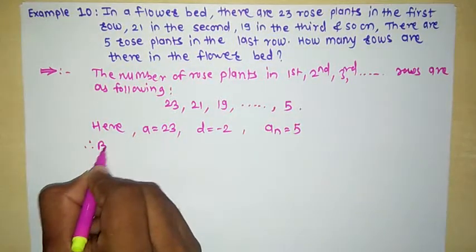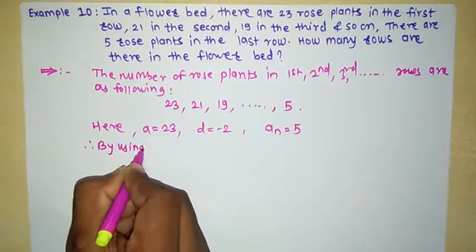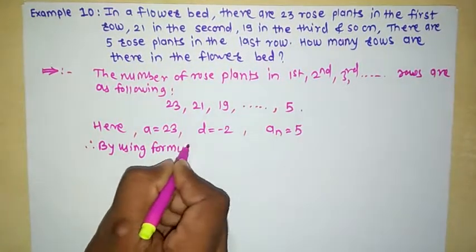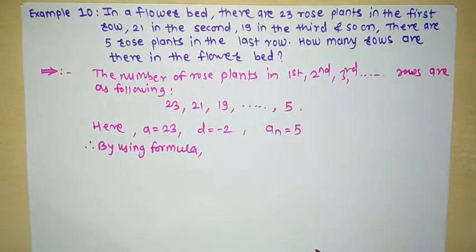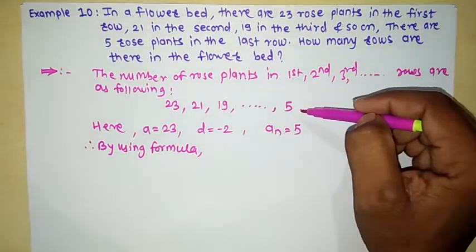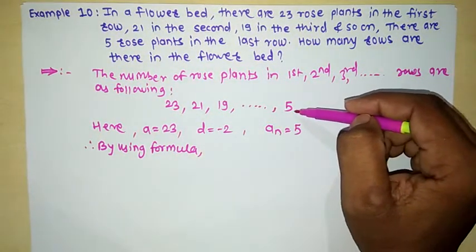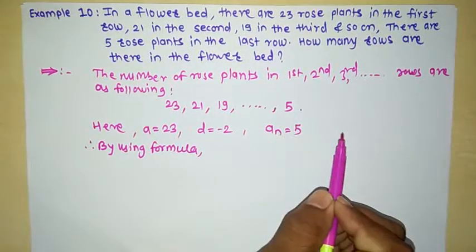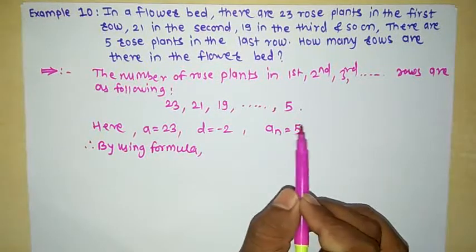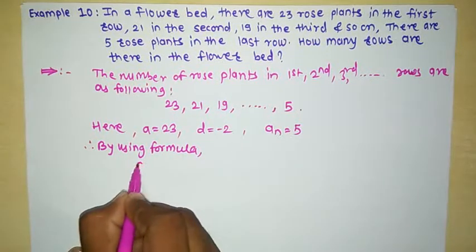Now, by using the formula, what we have to find here is how many rows there are. The last row is the one in which there are 5 plants. Therefore, we need to find how many rows there are, using the formula of an.